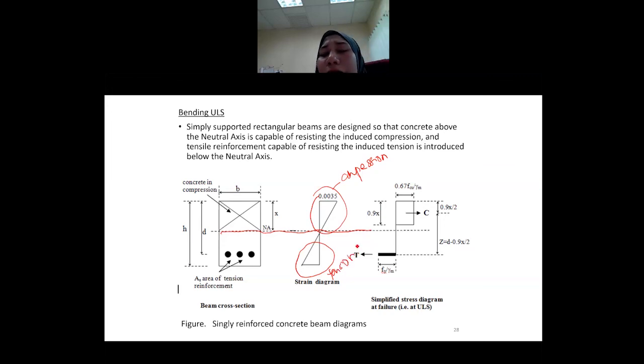Okay, you ingat lagi diagram ni. Okay, so this one, ini adalah simplified stress diagram at failure. Okay, maksudnya bila reach ultimate limit state. Maksudnya maximum. Maksudnya K tu lebih besar daripada K prime ataupun MU is less than M.